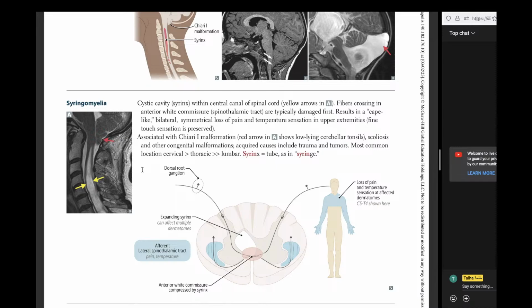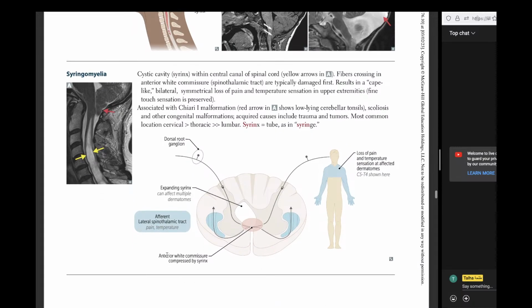It's associated with Chiari 1 malformation, which is right here and shows low-lying cerebellar tonsils, scoliosis, and other congenital malformations. Acquired causes include trauma and tumors. Most common location is cervical, then thoracic, and then lumbar. Syrinx equals tube, as in syringe.